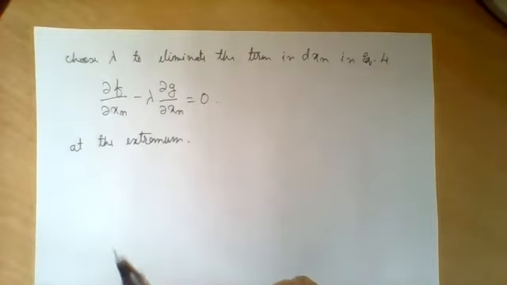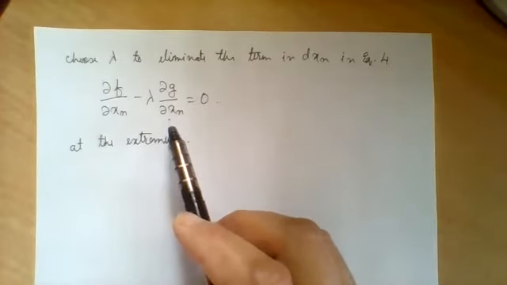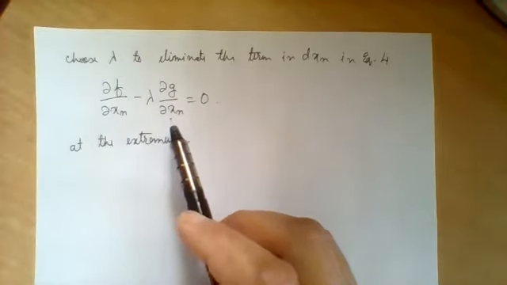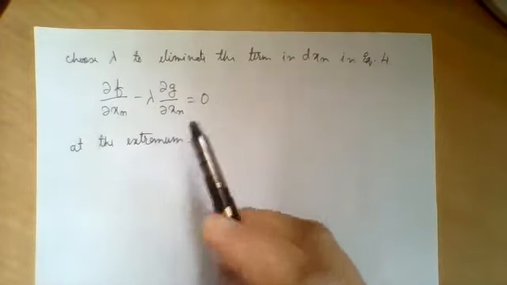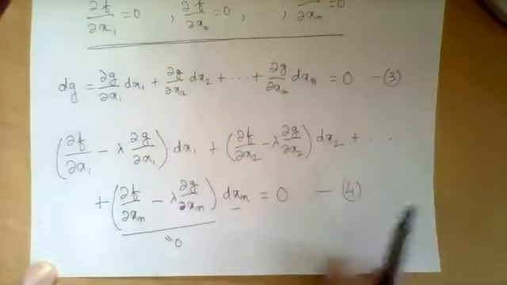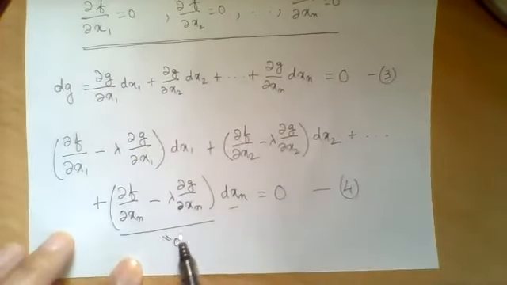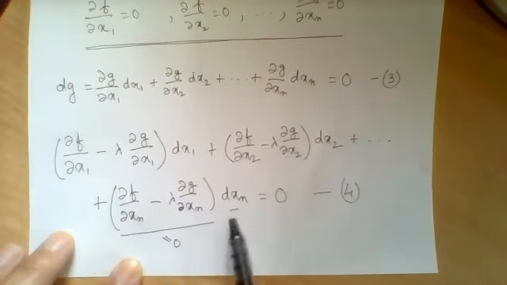We choose our lambda in such a way that this is equal to 0. In equation number 4, this term is 0.